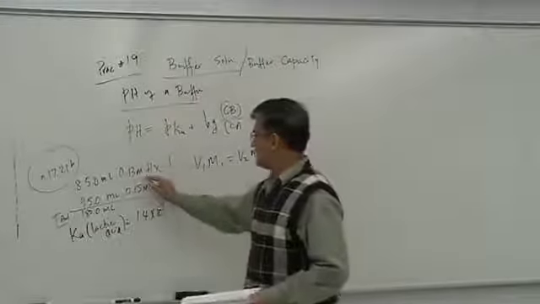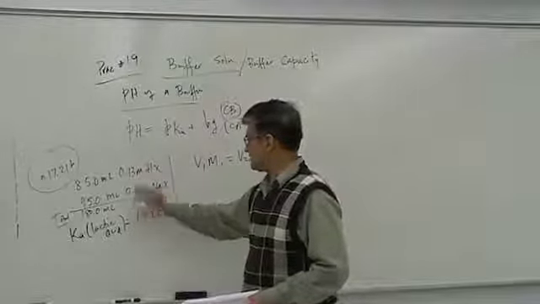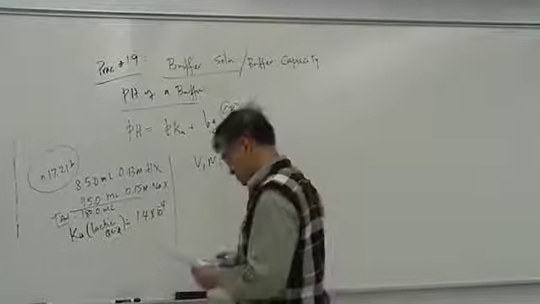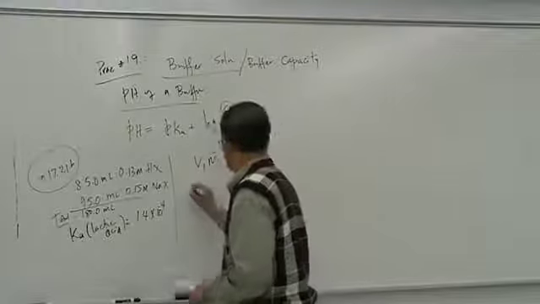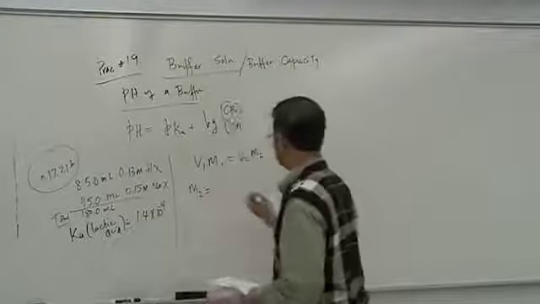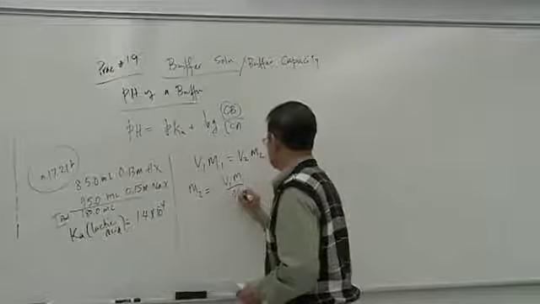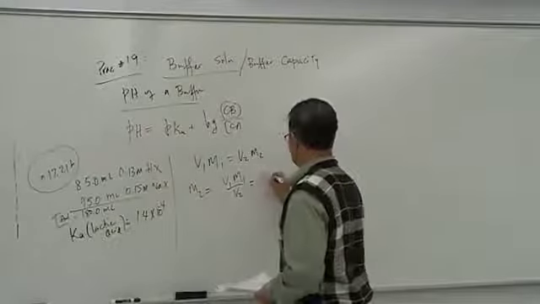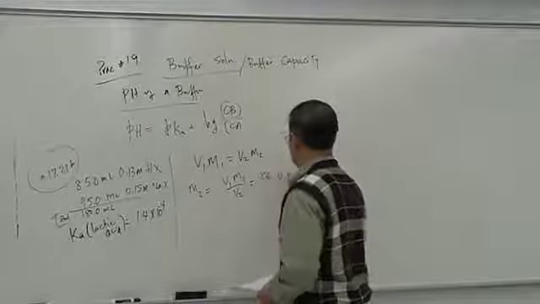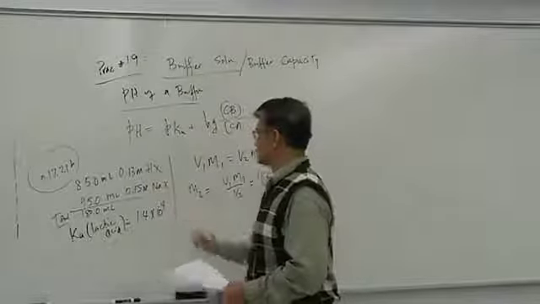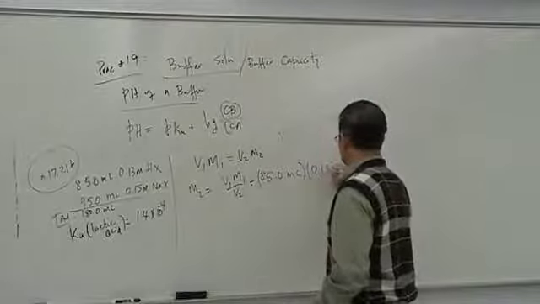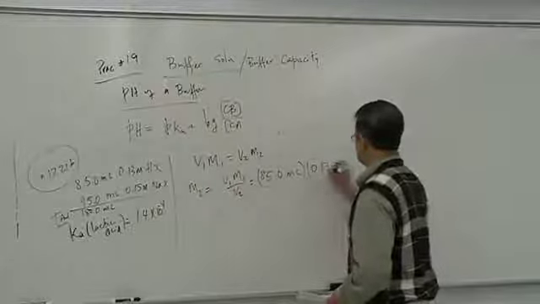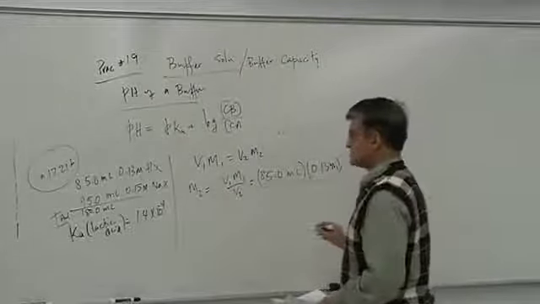So 85 ml of 0.13 molar got diluted to 180 ml. So obviously the HX concentration would be different from 0.13. Let's find out that concentration. M2 will be given by V1 M1 over V2. Volume 1 is 85.0 ml, molarity 1 is 0.13, the initial molarity, and final volume is 180.